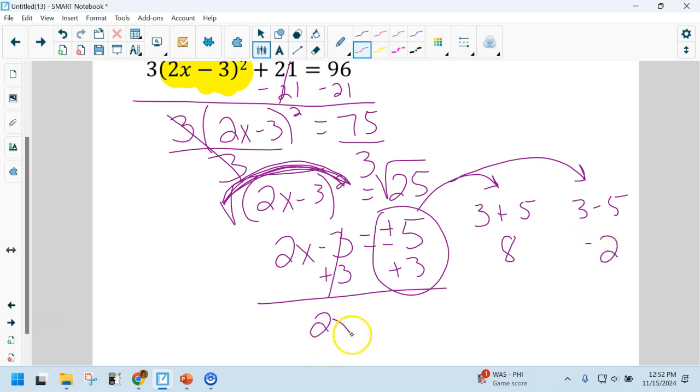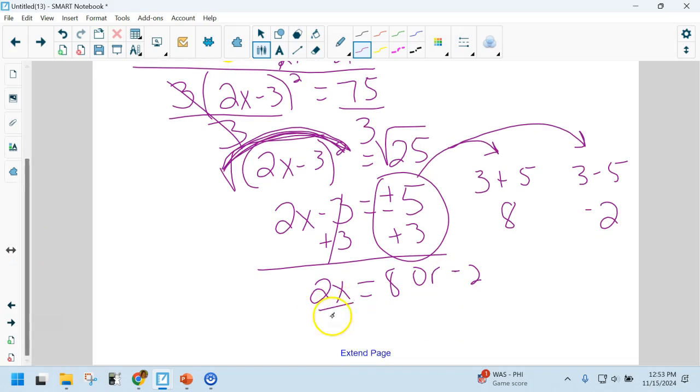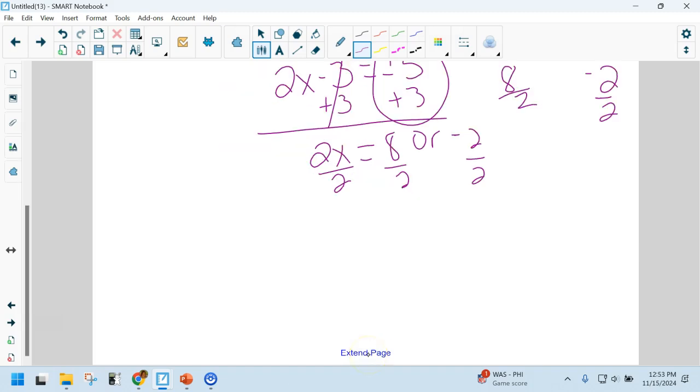And then that gives us 2x equals both of those numbers, 8 or negative 2. And so then we want to divide both sides by 2. So again, up here we could divide by 2, and here we could also divide by 2. And so we get 2 answers. x could be 4, or x could be negative 1.